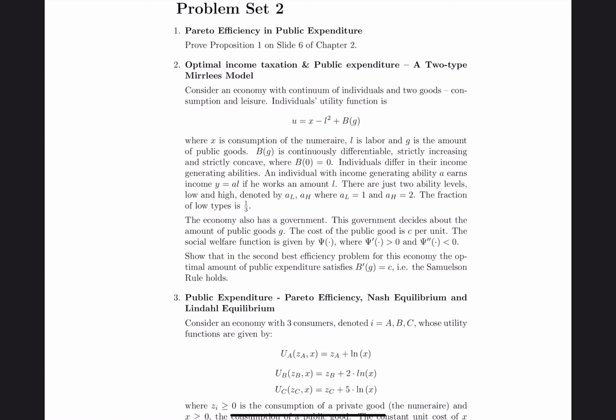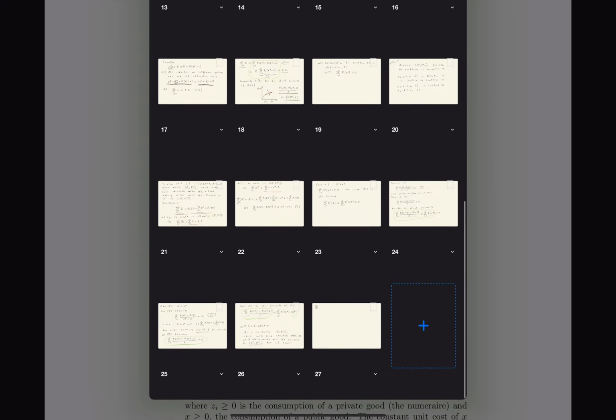Okay, so since the steps are quite similar to the exercise that we covered in problem set 1, I will skip most of the steps. I will write down the general optimization problem already in the almost most simplified version. So you remember we had incentive compatibility constraints, participation constraints, and I simplified them as much as possible.